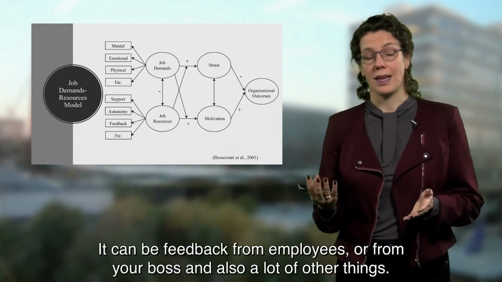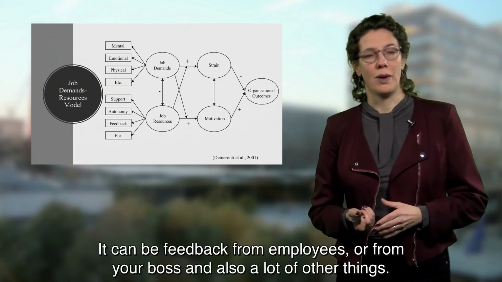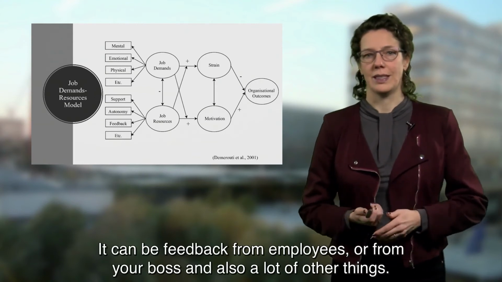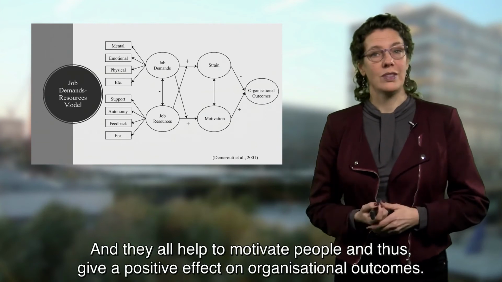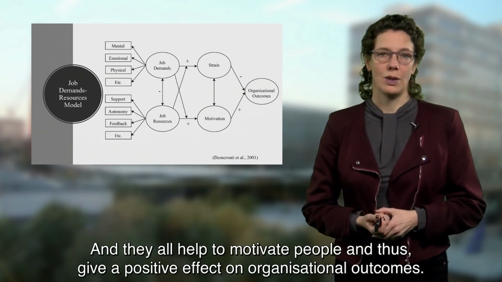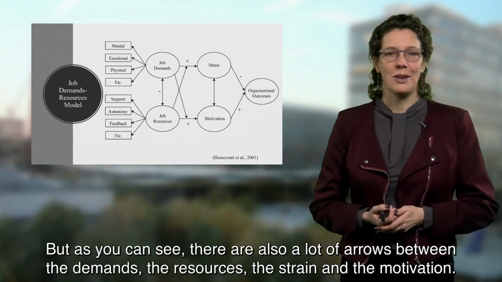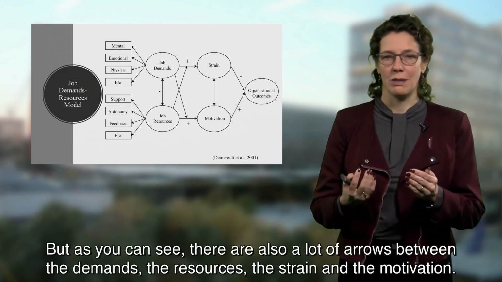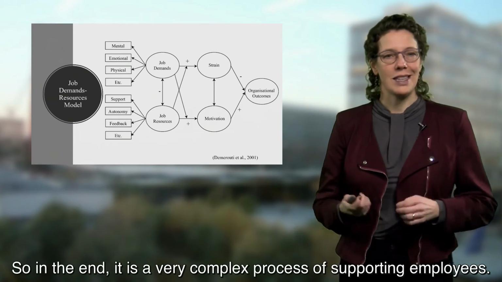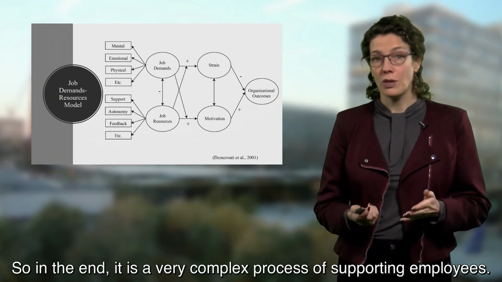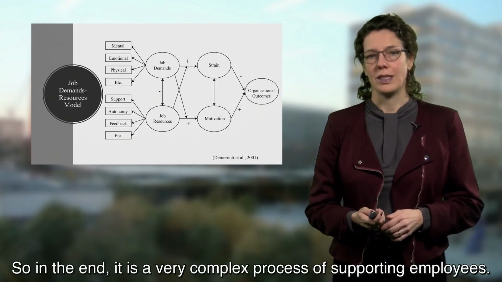It can be feedback from colleagues or from your boss, and also a lot of other things. And they all help to motivate people and thus give a positive effect on organizational outcomes. But as you can see, there's also a lot of arrows between the demands, the resources, the strain and the motivation. So in the end, it's a very complex process of supporting employees.